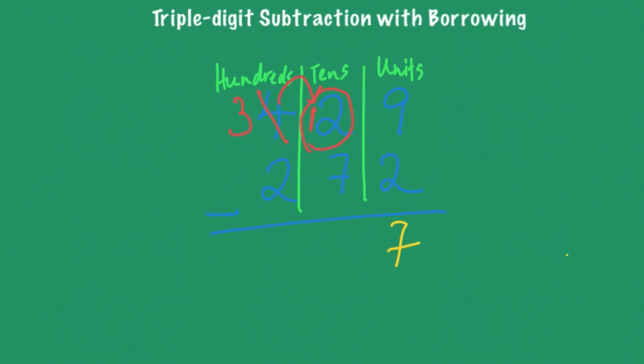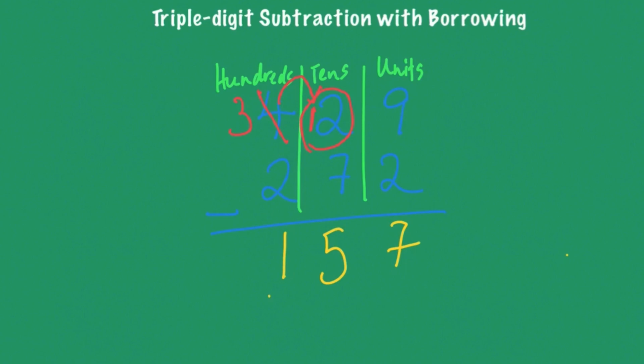12 tens actually is 120, but we don't look at it as 120 when we subtract. We look at it as 12 tens minus 7 tens. So just simply look at 12 minus 7 in the tens section. So 12 minus 7 gives me a 5. And then we go on to the hundreds section where we do 3 hundreds minus 2 hundreds, which gives me a 1.